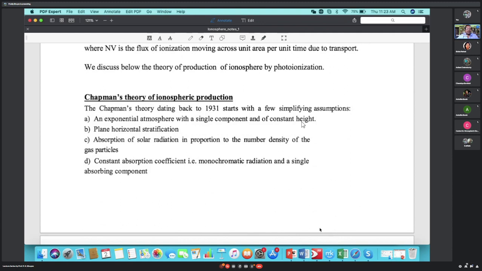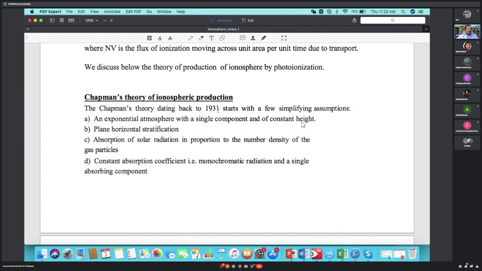So how that ionization will take place, and how much ionization at what height will be possible. So he tried to derive an equation for the production of ionization.